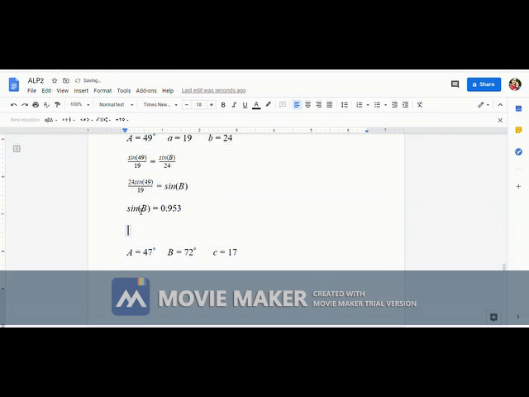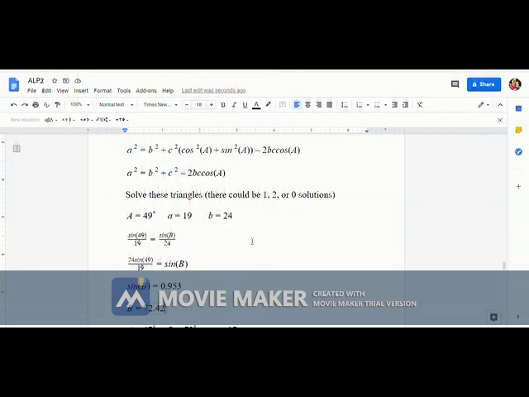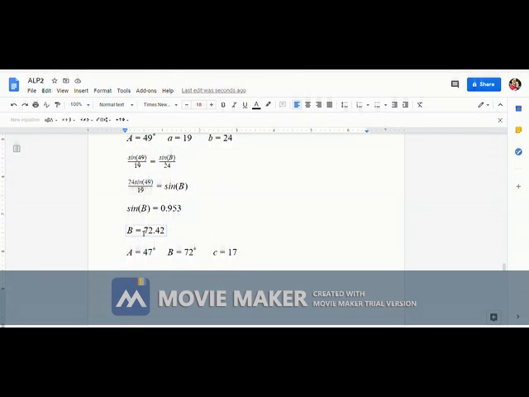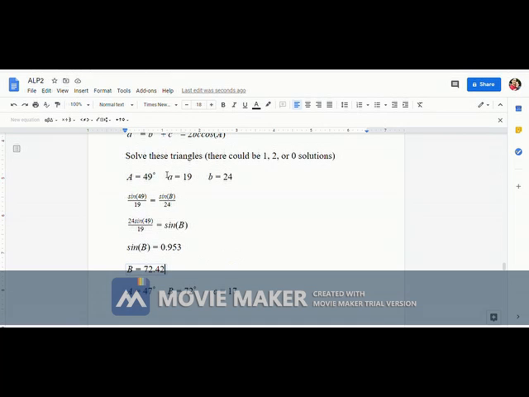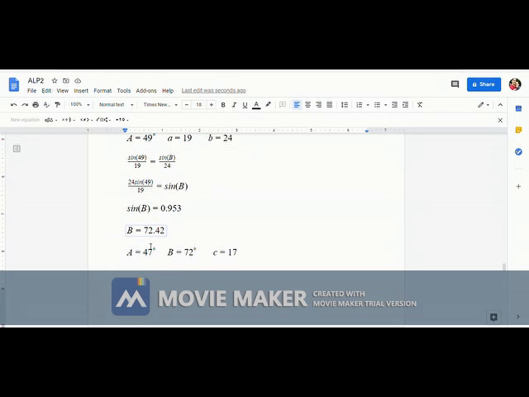So B equals, that comes out to 72.42. But now also, in order to check to make sure we don't have two possible triangles, we need to subtract this angle from 180 degrees, which is the max a triangle can be, and determine if that angle plus angle A is too large for a triangle, is more than 180, or if it's going to provide a second possible solution.